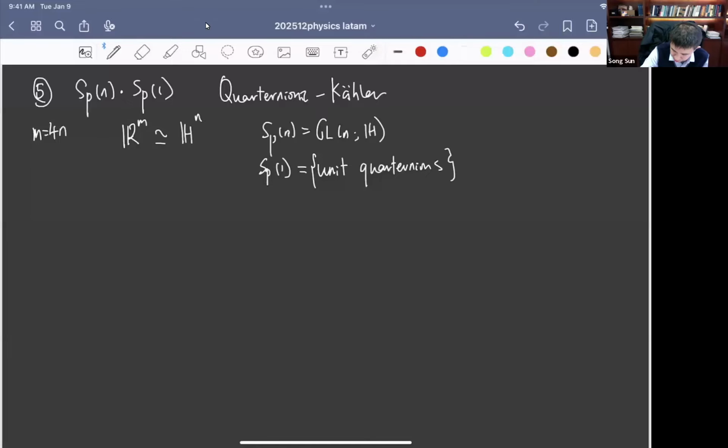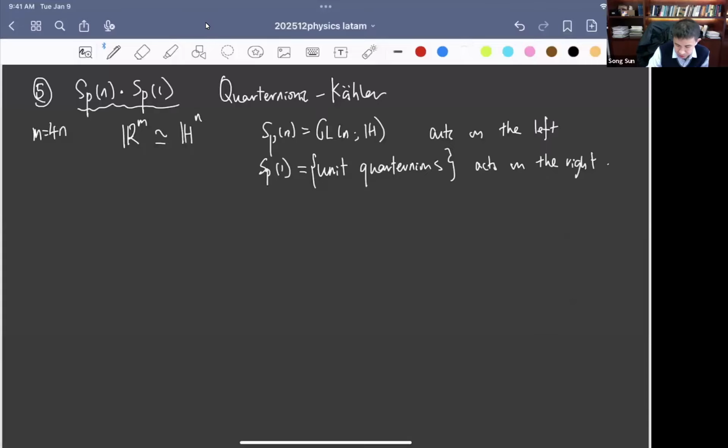So this is Sp(n) acting on X on the left, and Sp(1) acting on X on the right. This is the action of Sp(n)·Sp(1). Such a space is called quaternionic Kähler.